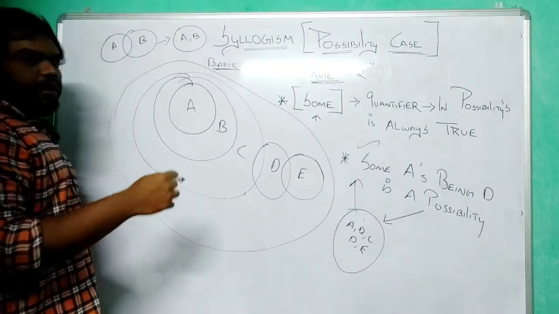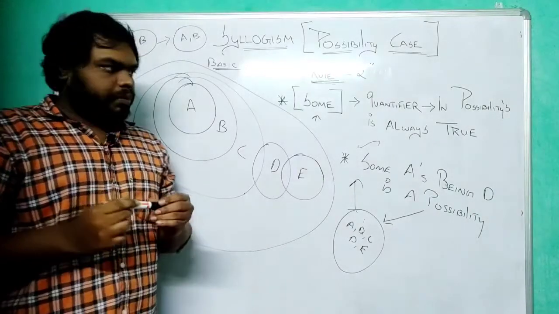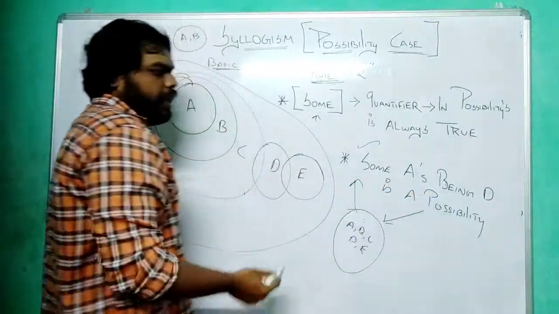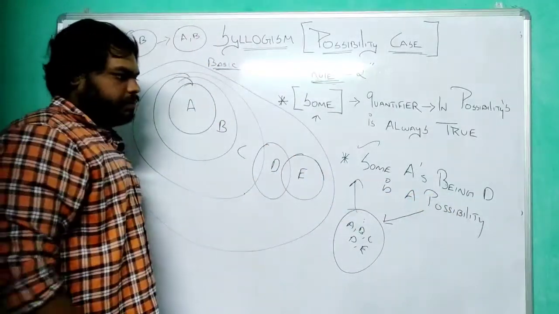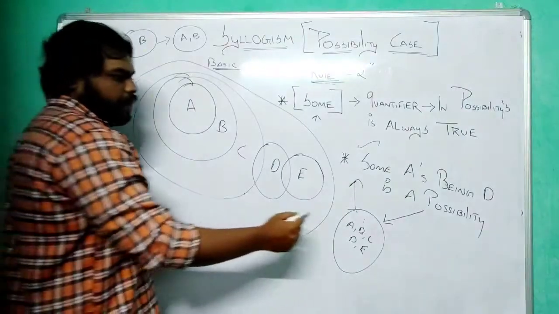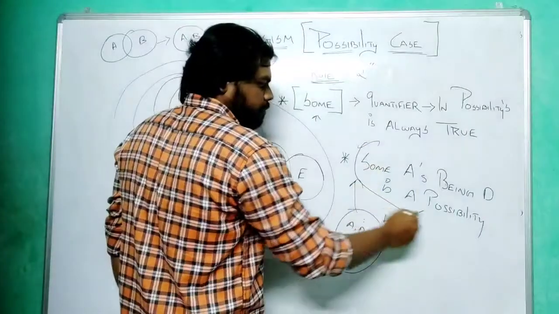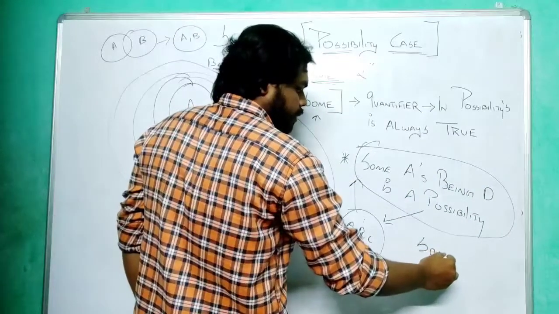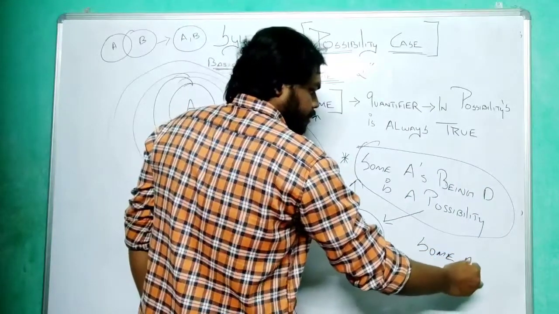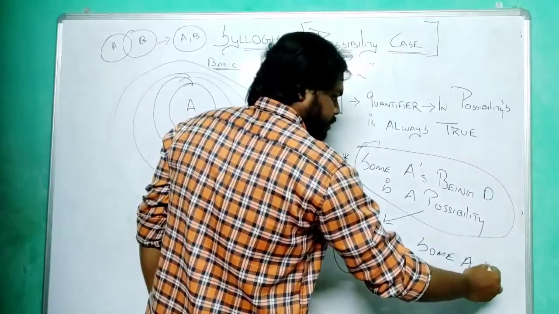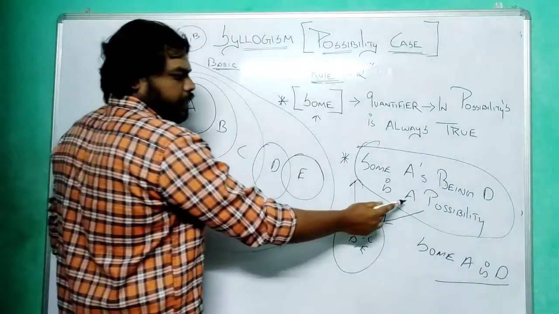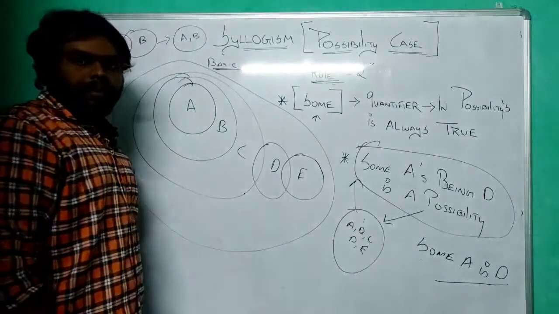For example, if I ask you a question, what is the difference between some A is B and some A being D is a possibility? For example, if I write, what is the difference between this and some A is D, right? What is the difference between this and this statement?